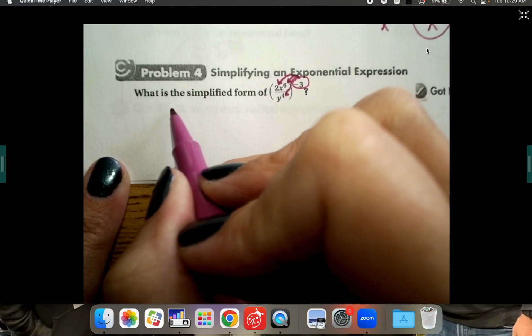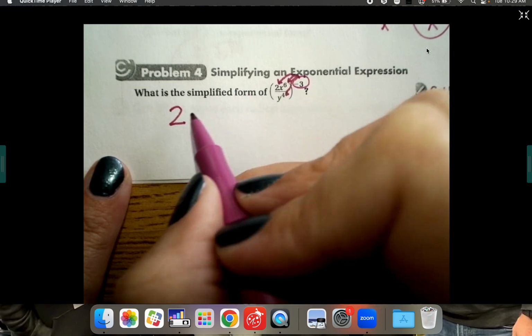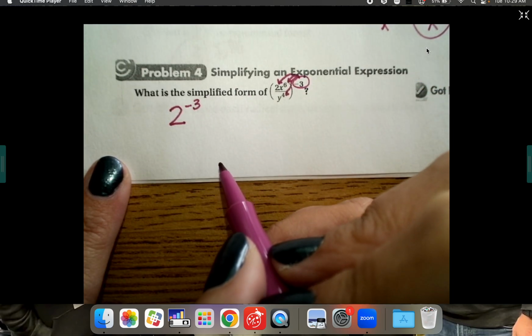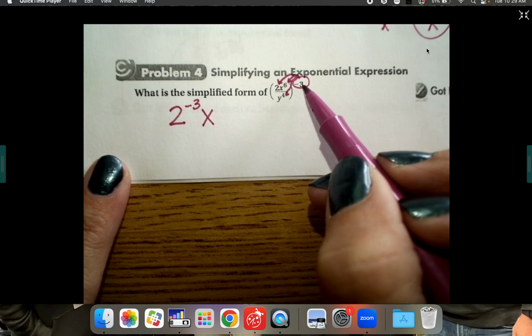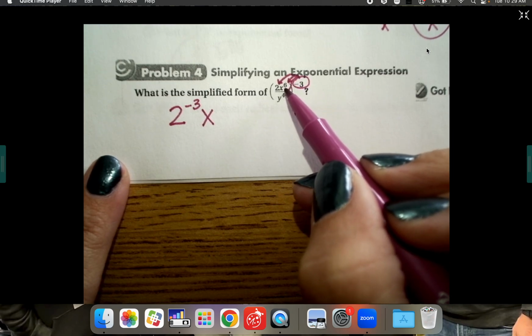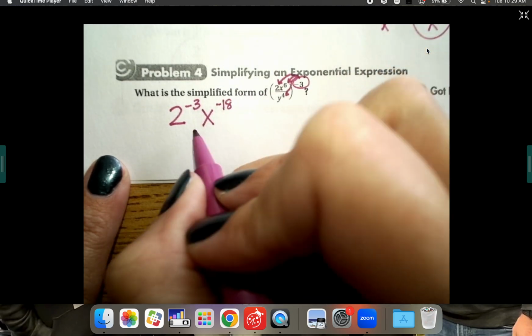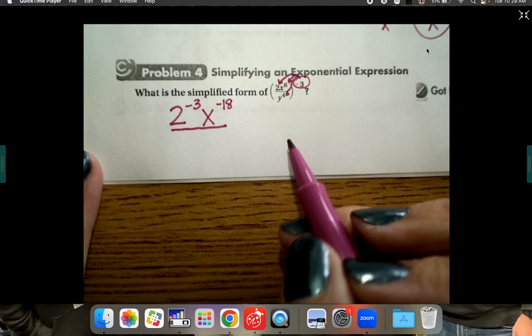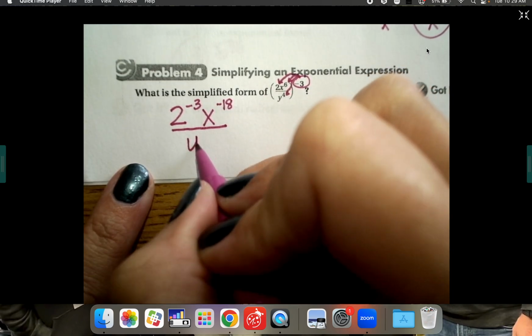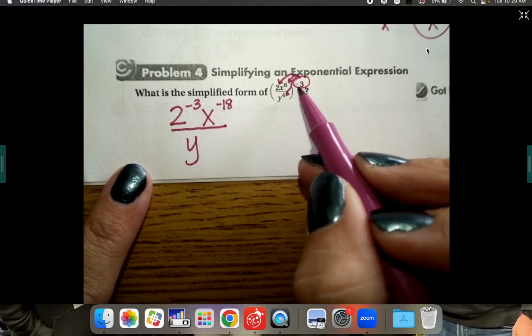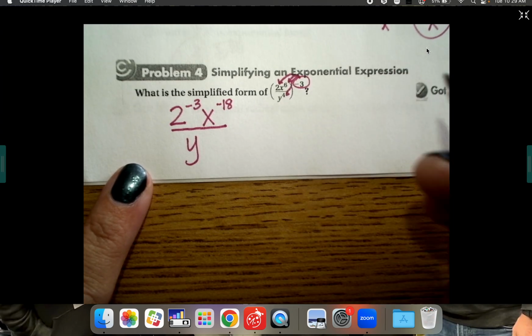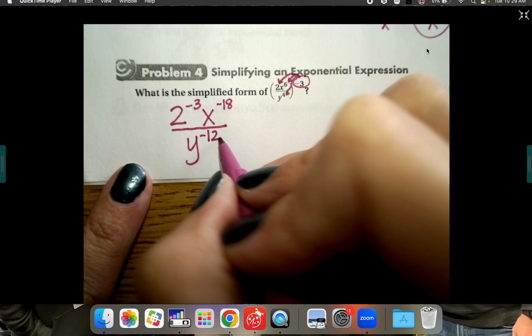Let's not work it out yet. Let's just write it. 2 gets a -3 exponent. X gets a -3 exponent, but it already had a 6 on it, so these get multiplied. -3 times 6 is -18. On the denominator, we've got the same issue. Y already had a 4 on it, so these get multiplied. 4 times -3 is -12.